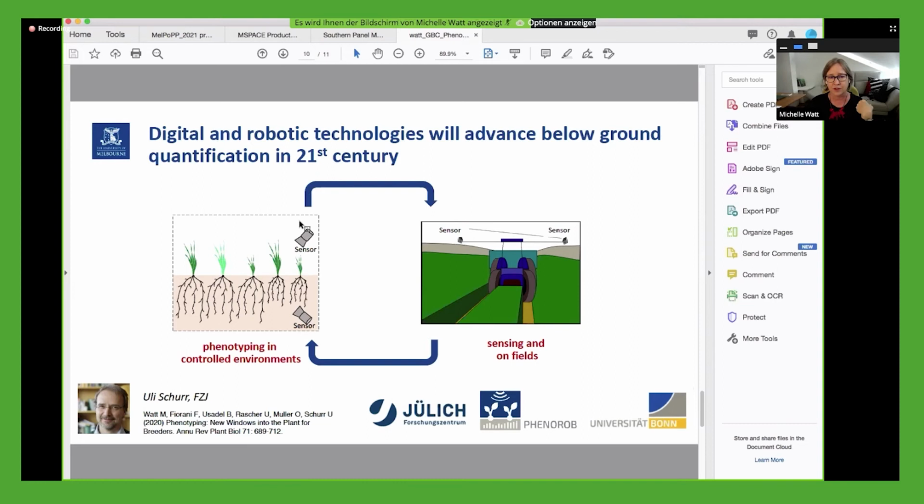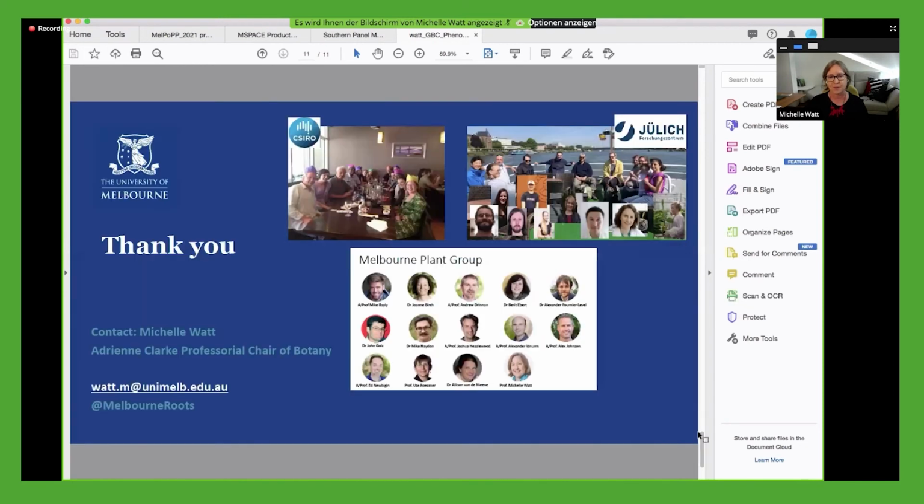The advantage is that sensors used in the controlled environment and lab experiments often are similar to the sensors that are actually used in the field. And I think Uwe will highlight this. And Uli Schurr, along with colleagues at the University of Bonn in the DFG Excellence Cluster, really are focusing on this challenge of getting digital technologies used in this century. And with that, I just want to thank my colleagues, past at CSIRO, and most recently at the Jülich Forschungszentrum, and now my colleagues at the University of Melbourne.